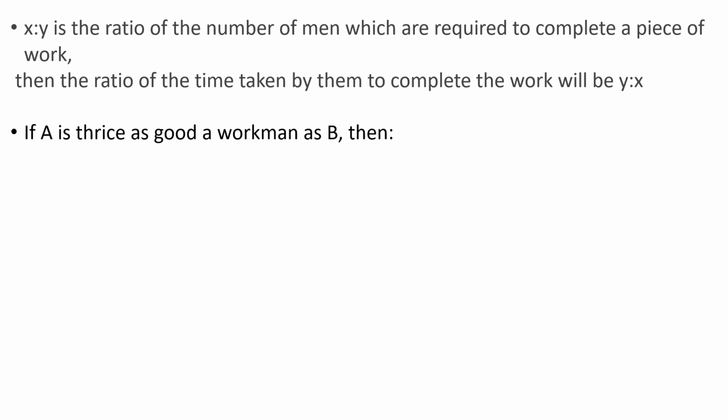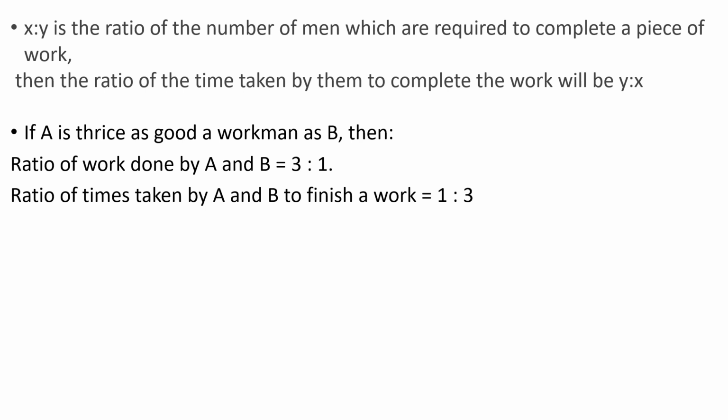For example, if A is thrice as good a workman as B, then the ratio of work done by A and B will be 3 is to 1, because A is 3 times better than B. Now time taken will be the inverse of this. So the time taken by A and B to finish the work will be 1 is to 3.